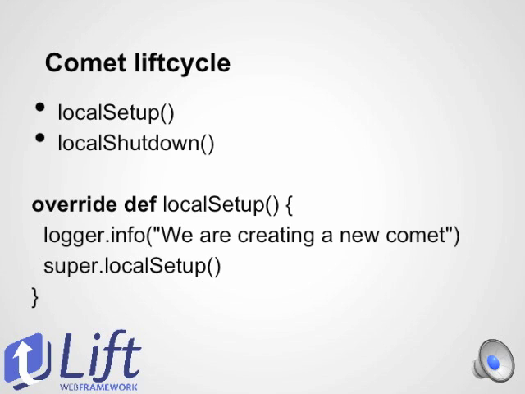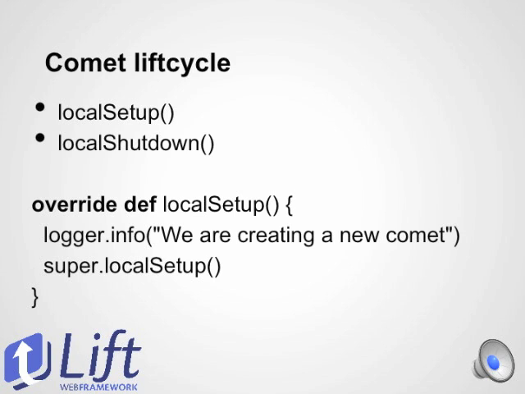You can do some logging or something else, and then remember to call super.localSetup, because for example on the NamedCometActor trait that I showed in the previous video, I used localSetup so that each comet actor, as soon as it's created, registers itself with a dispatcher. If you don't call super.localSetup in your comet code, then that won't work, and I need that happening. So please remember to call super.localSetup.